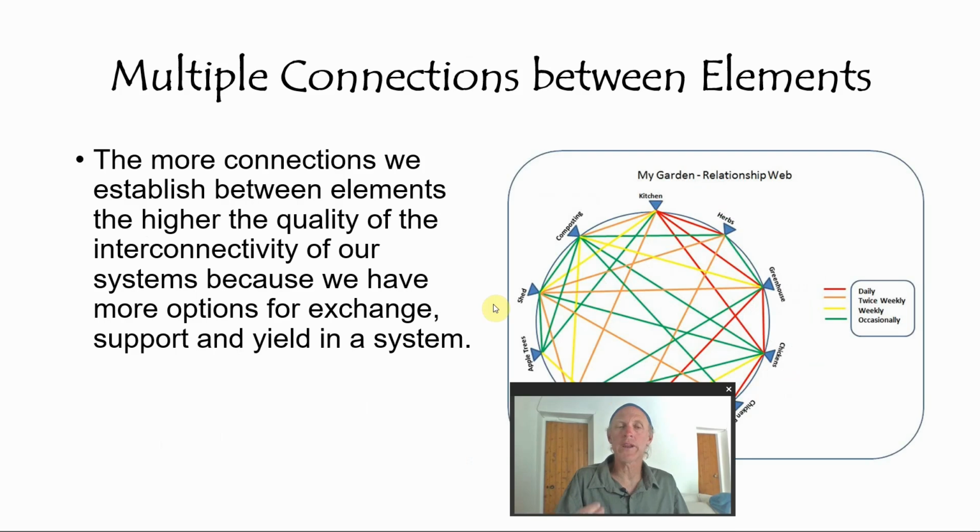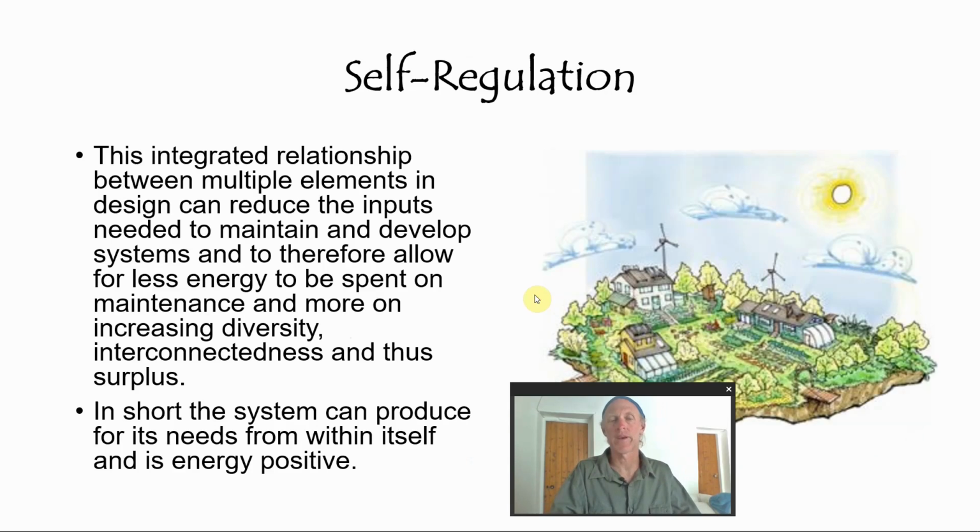So the more connections that we can establish between elements, the higher the quality of the interconnectivity of our systems will be, and the more options and choices we will have. And that will then support yield, which is the ultimate outcome of all of this. This integrated relationship between all the elements in our design can reduce inputs.